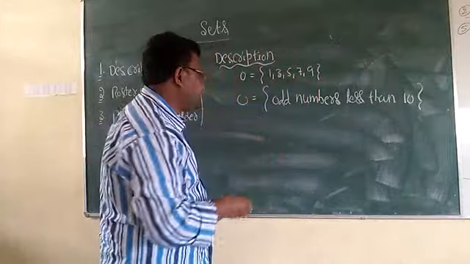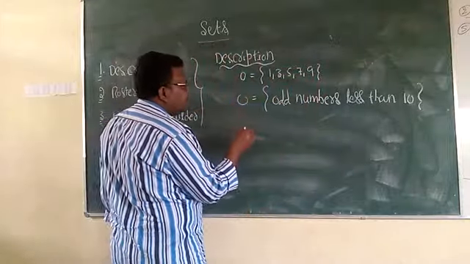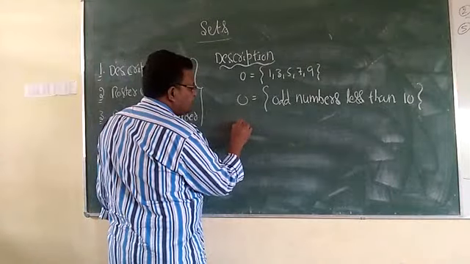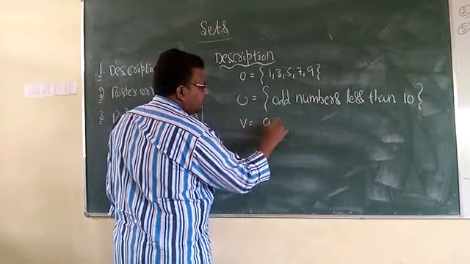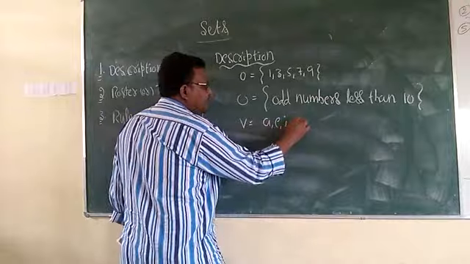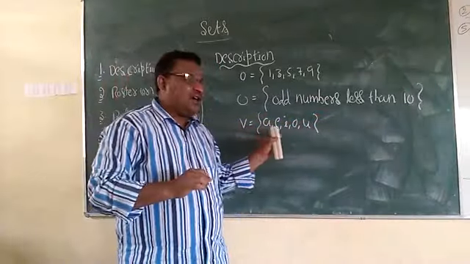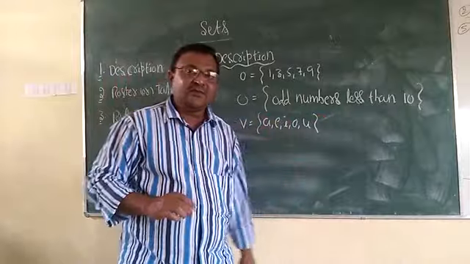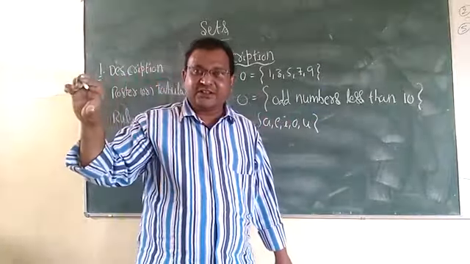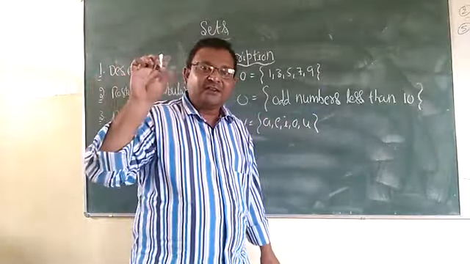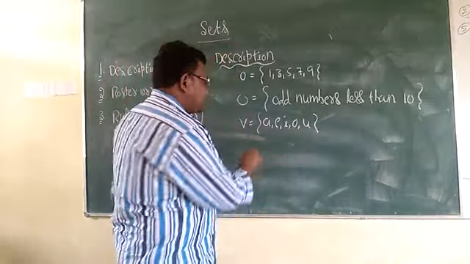And the next, one more example under this. A, E, I, O, U. By seeing this, these are the vowels in the English alphabet. So we prepare one description: vowels in the English alphabet.